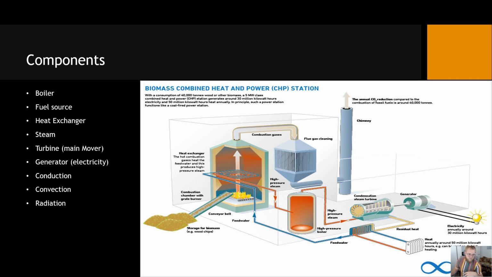The components of the actual facility that we're going to be looking at are the boiler, the fuel source that's going to be put into that boiler, heat exchanger, steam turbine, generator, and what thermodynamics actually occurs in that process of conduction, convection, and radiation.